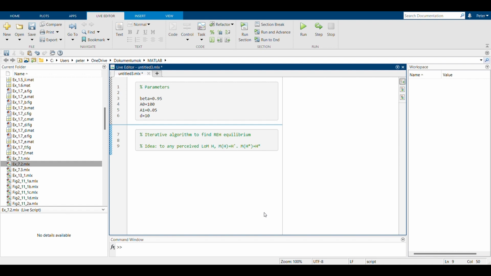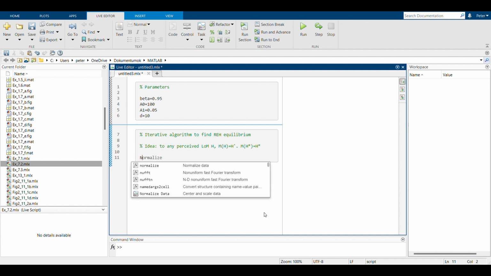And if a perceived law of motion implies itself as an actual law of motion, then we can stop. So this is what we are going to do. So this is an iteration process.